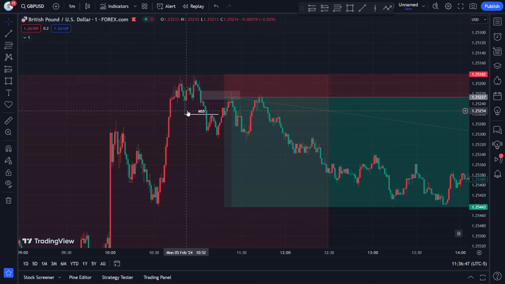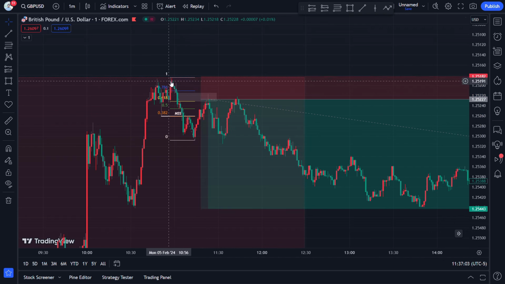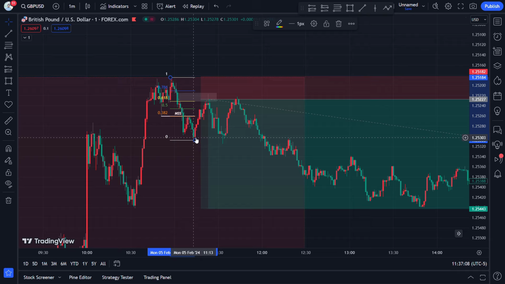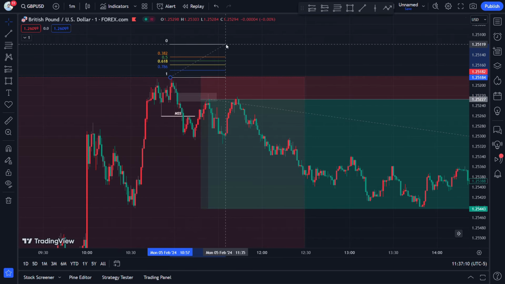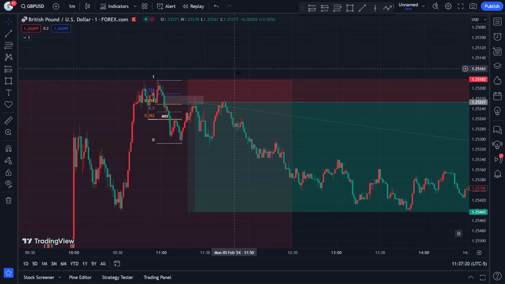When the price broke this higher low, then there is a fair value gap and all of those things that I mentioned earlier. So when you are plotting your Fibonacci retracement tool, remember that you are always going to be plotting it from 1 to 0, and you start by connecting the swing points of the retracement.